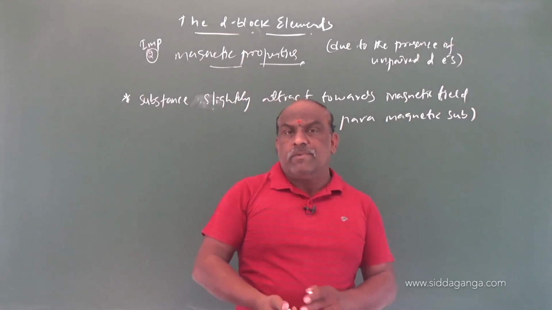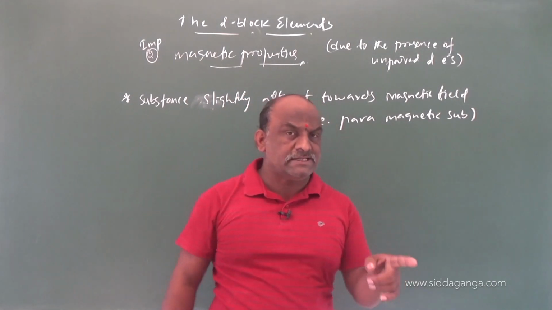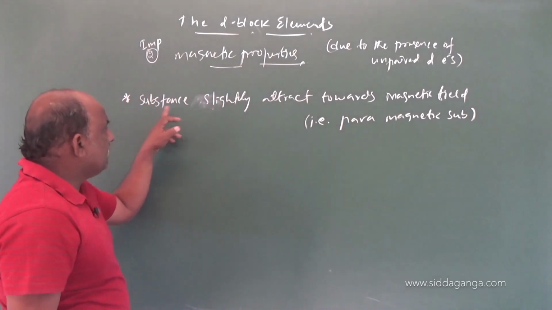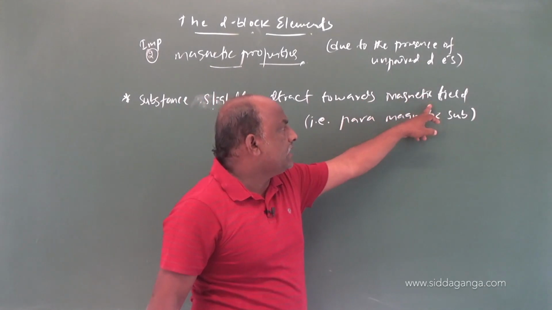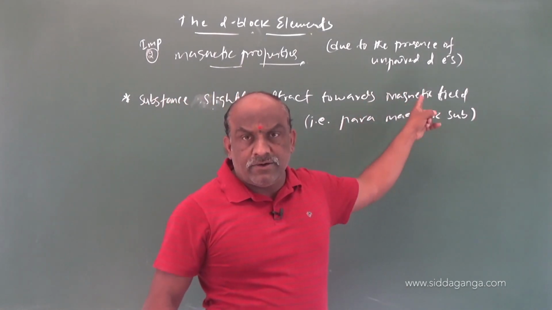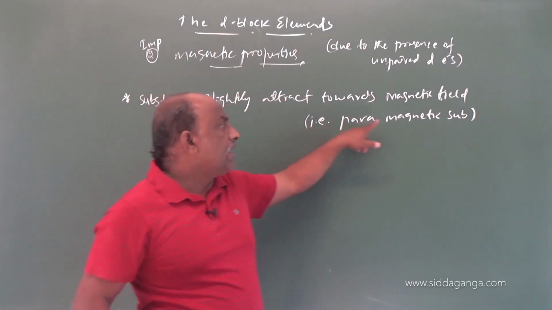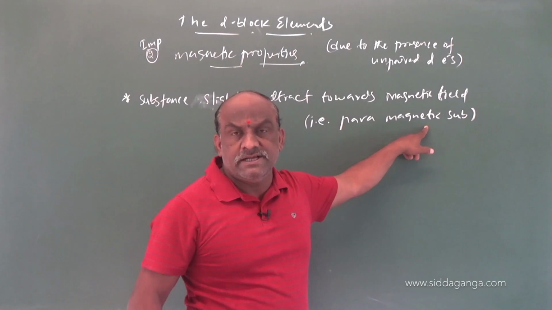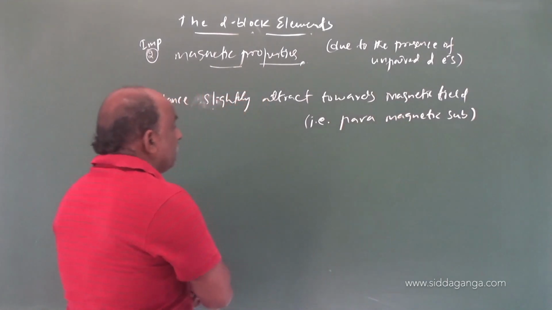When a magnetic field is applied, a substance slightly attracted towards the magnetic field is said to be a paramagnetic substance.